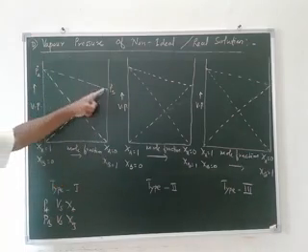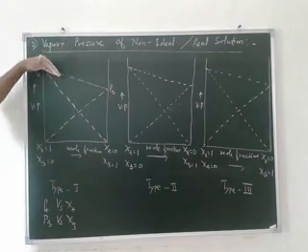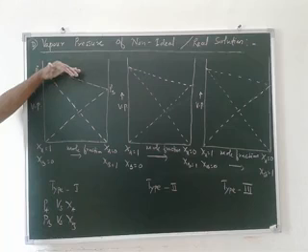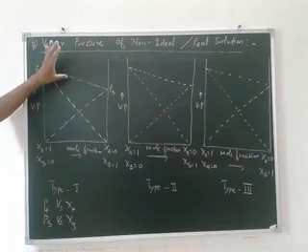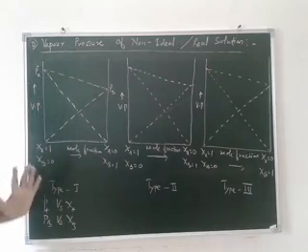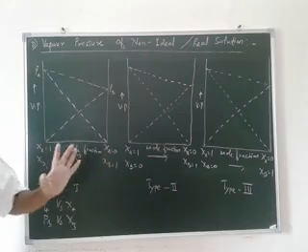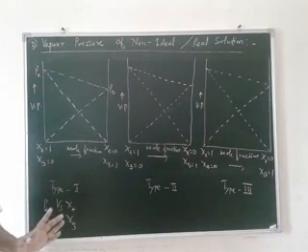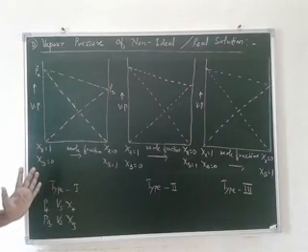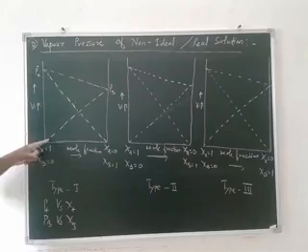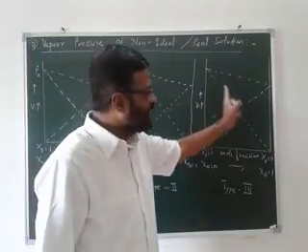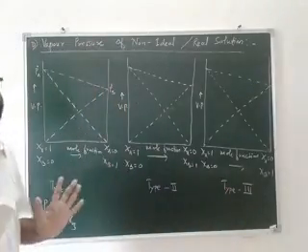And if you join these two points, any point on this line represents the vapor pressure of the solution. So all these three graphs are the same, and this is the graphical representation for the ideal solution. Why ideal solution? It is because the nature of the graph is a straight line passing through the origin.